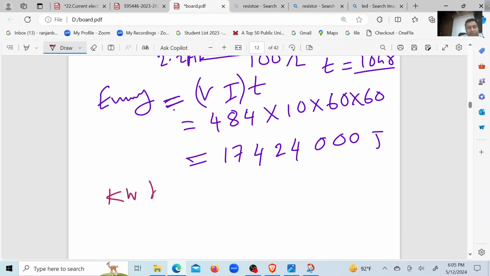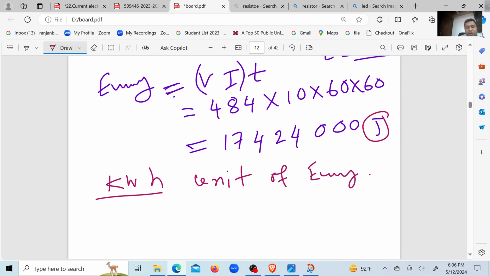Kilowatt hour. This is the unit of electrical energy. Instead of joule, we use it to collect the bill. The government uses it to collect the electric bill from us, right? This is the unit of energy consumed.